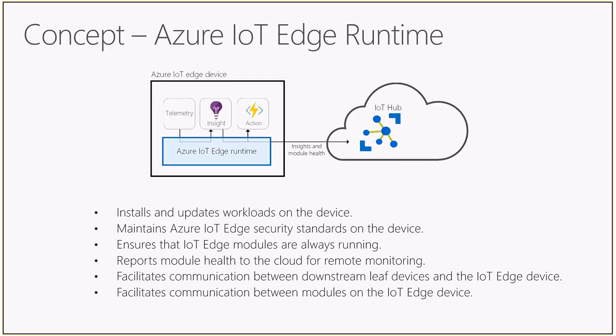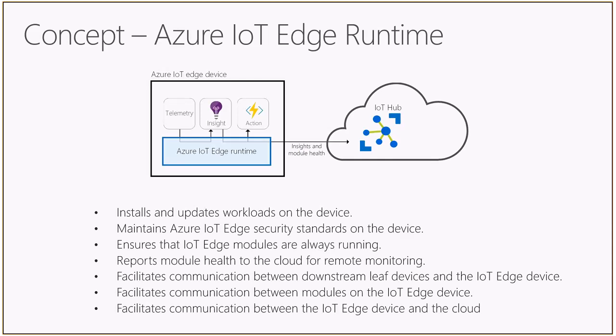You create a pipeline through routes, and you define those routes on how these modules communicate with each other. And also, the Edge hub is the one helping you with communicating between the Edge device and the cloud.